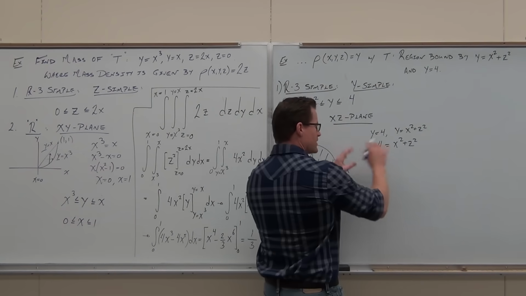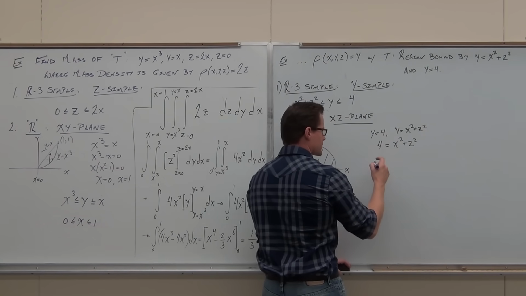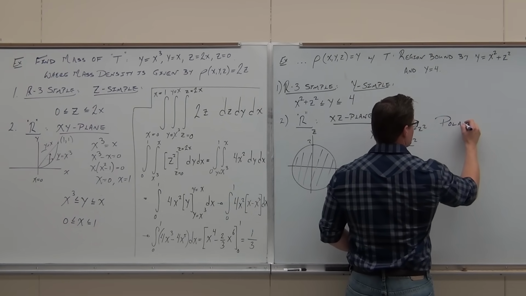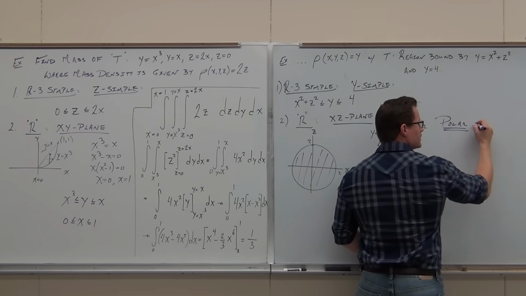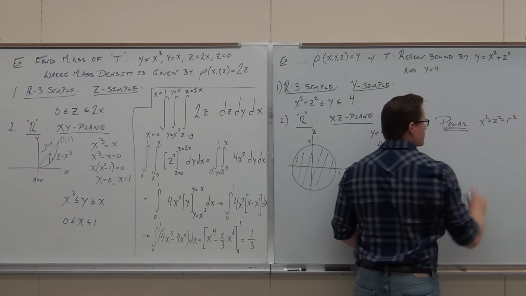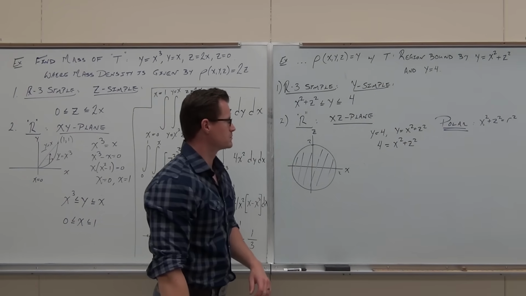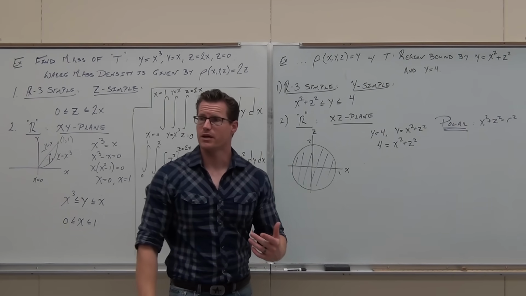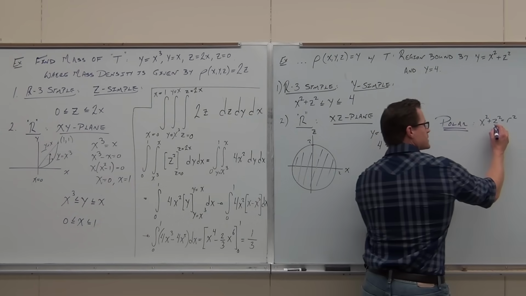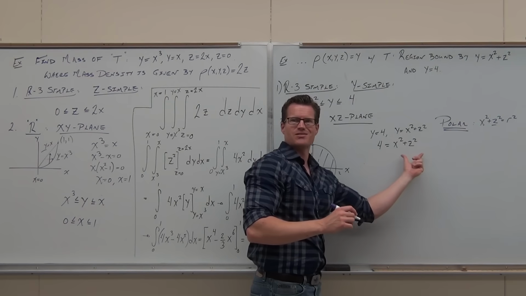Yes. So this looks a whole lot like polar. But x squared plus z squared equals r squared. Well, that's pretty darn nice, because now I can start translating this, since it's z squared. Hey, how much is all this stuff right here?